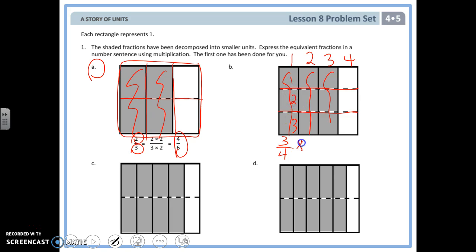So I can multiply by 3. And is it okay for me to do times 3 times 3? Yes, it's okay to do times 3 times 3 because, as we stated, and I will state multiple times, you multiply the numerator and your denominator by the same number when finding equivalent fractions. 3 times 3 is 9, 4 times 3 is 12.